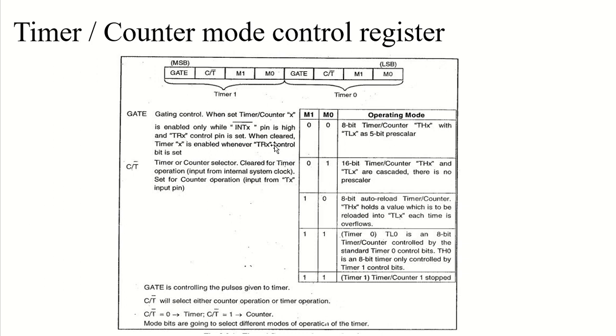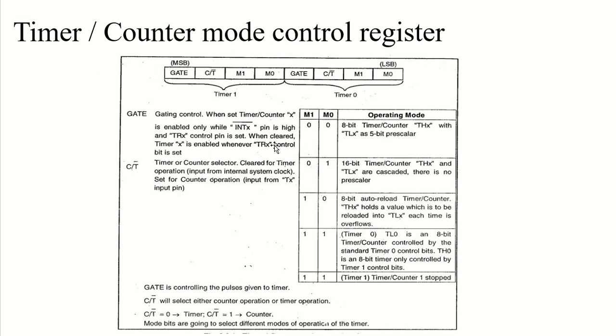To recognize the high to low transition, the microcontroller requires two machine cycles, which means 24 oscillation periods, because one machine cycle consists of 12. So what will be the counter rate this time? It will be 1 by 24 of the oscillation frequency.